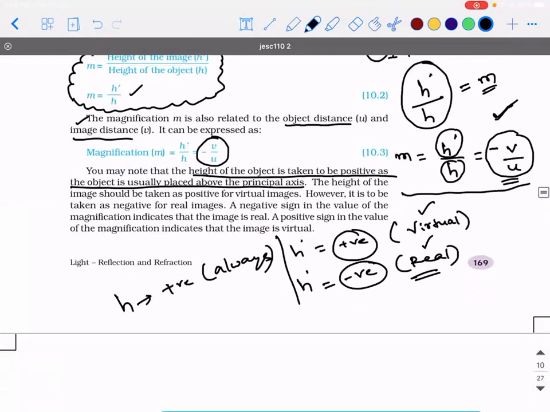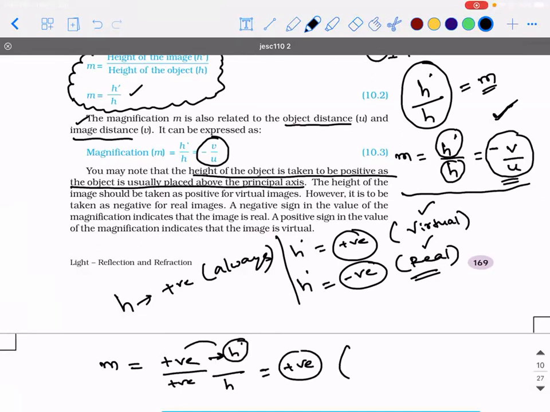From this logic, let's understand one thing. If m is equal to positive divided by positive, h dash is positive and h is by default positive. So if magnification comes out to be a positive value, what can you conclude? When will h dash be positive, guys?